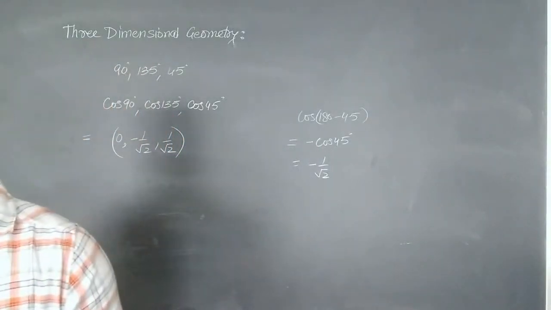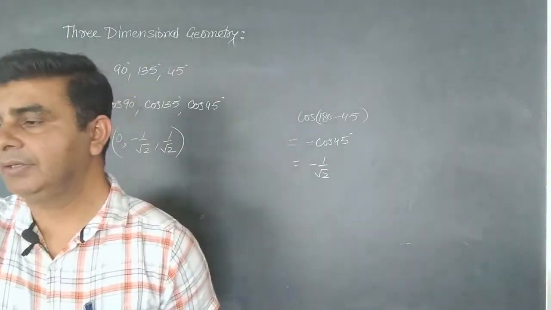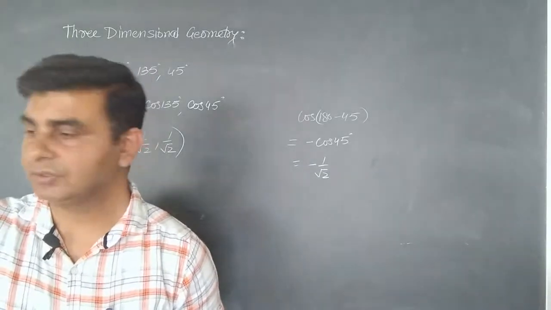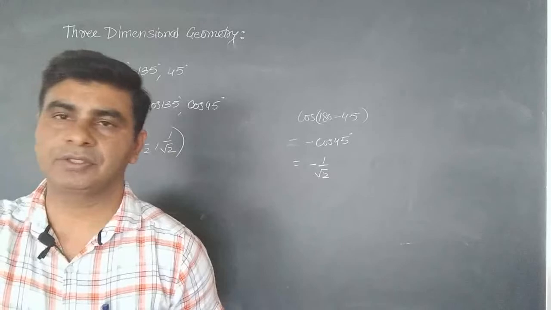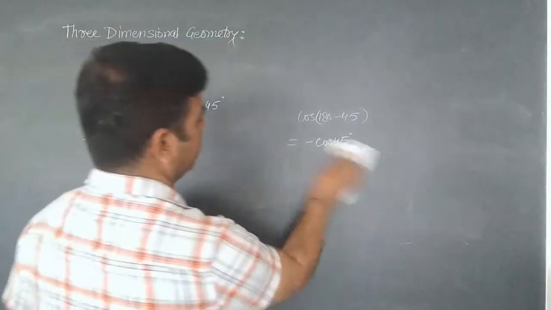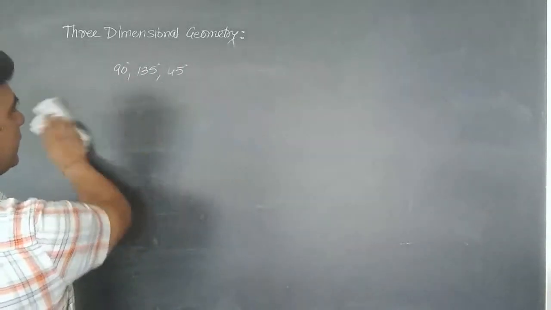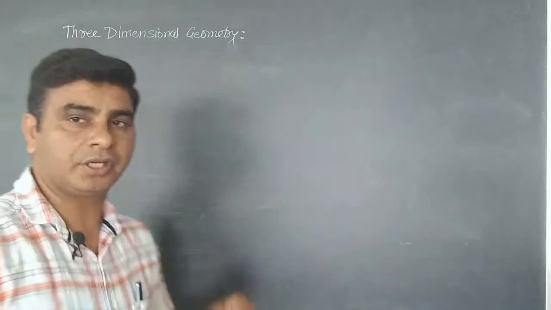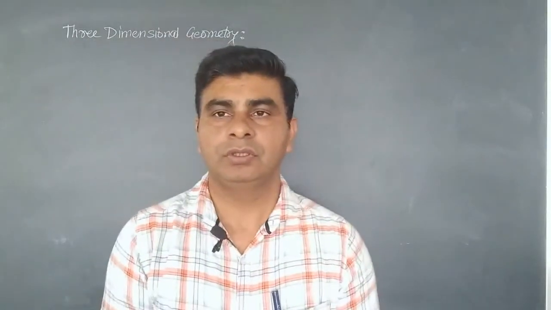Now let's see the second question. Find the direction cosines of a line which makes equal angles with the coordinate axes. It is given that the angles made by the line with the x-axis, y-axis and z-axis are equal. Then the direction ratios will also be equal to each other.